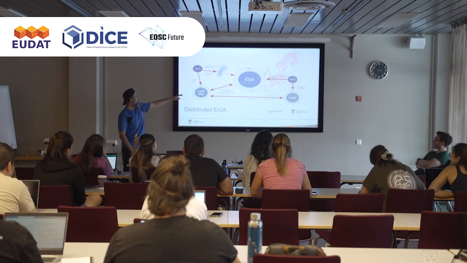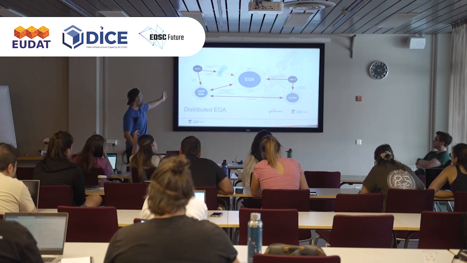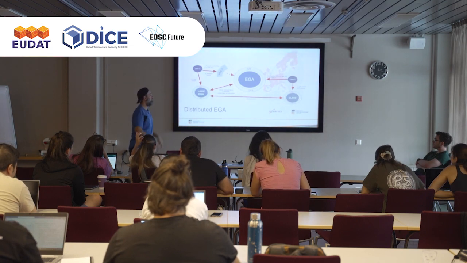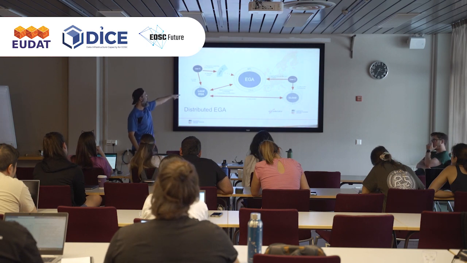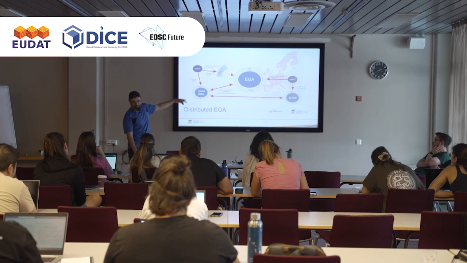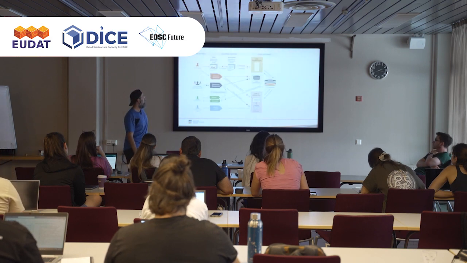So there are two users here. One is the user who owns the data, who pushes the data to EGA. This is user X, and user Z is the one who wants to access the data. So user X puts the data on the local EGA and the metadata about it on the central EGA, and user Z submits a request to access the data.